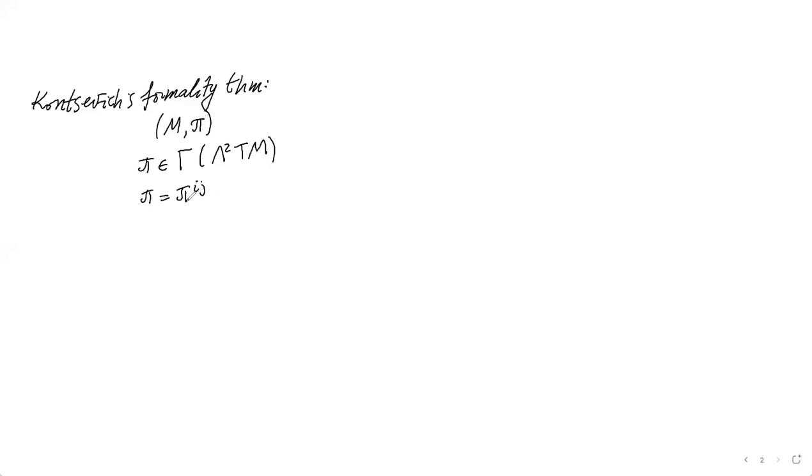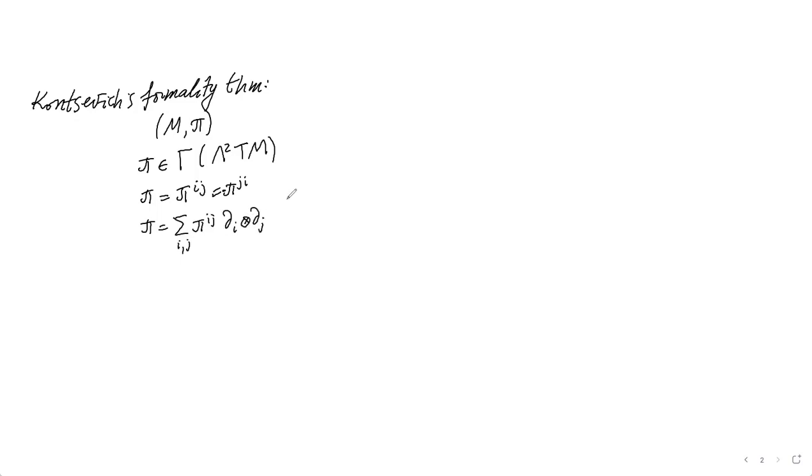And the pi^{ij} is equal to minus pi^{ji}, so it's skew-symmetric. And also, if you want to have some basis, then you can write pi as a sum over i and j of pi^{ij} d_i tensor d_j.